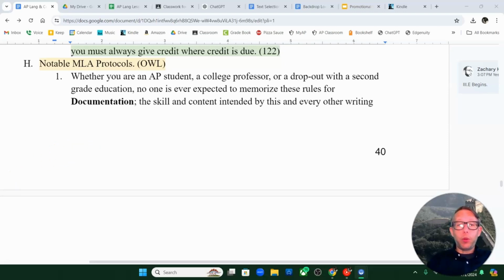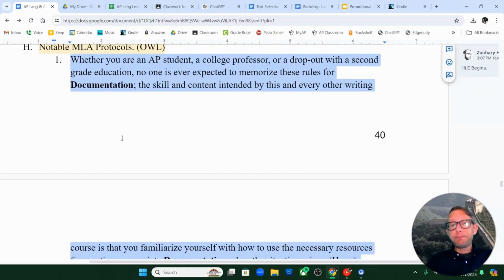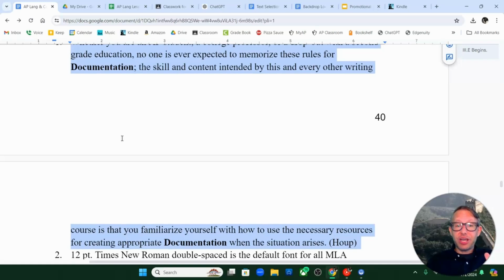So starting with this bullet point, which sort of takes what I just said to a further level, it says, whether you are an AP student, a college professor, or a dropout with a second grade education, no one is expected to memorize this stuff, okay? There is too much stuff for you to possibly memorize. Moreover, it changes constantly.